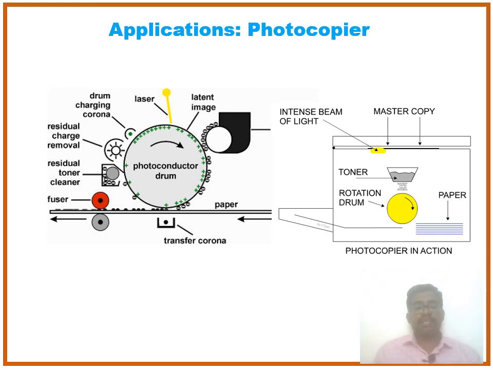When light falls on this photoconductive material, it creates charged particles. When we copy the master copy, the drum creates charges based on the signal. These charges attract the toner particles, and when the drum is rotated on the paper, it is printed.